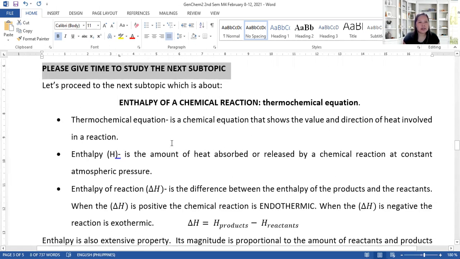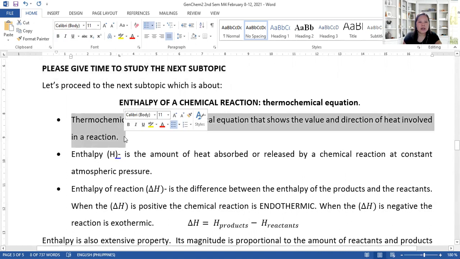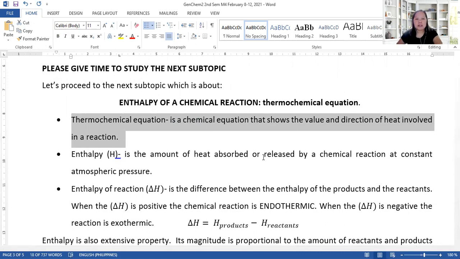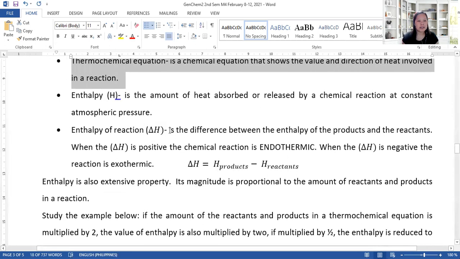Okay, so a thermochemical equation is a chemical equation that shows the value and direction of heat involved in a reaction. You know the chemical equation, right? In a chemical equation, there are products and reactants. In a thermochemical equation, it includes the amount of heat absorbed or released. Enthalpy, symbolized as capital H, is the amount of heat absorbed or released by a chemical reaction at constant atmospheric pressure.